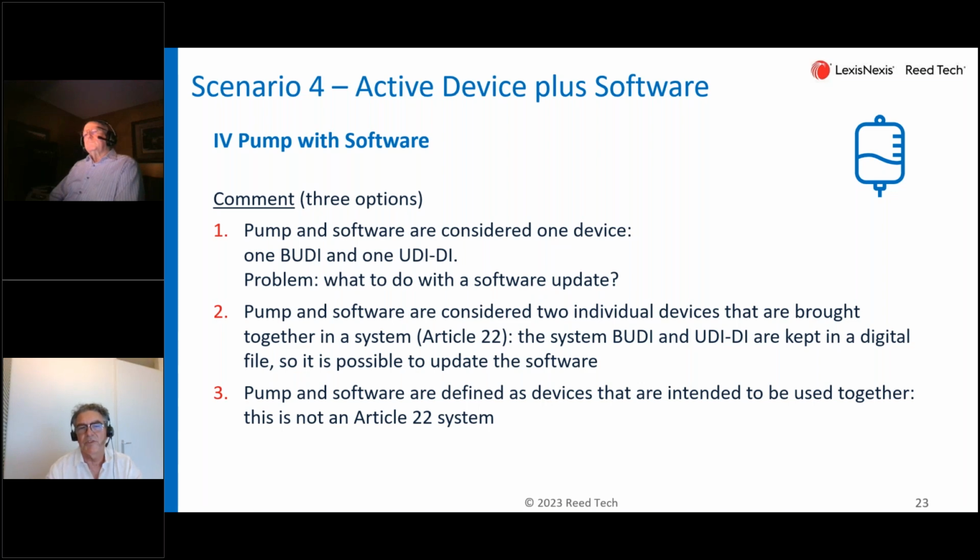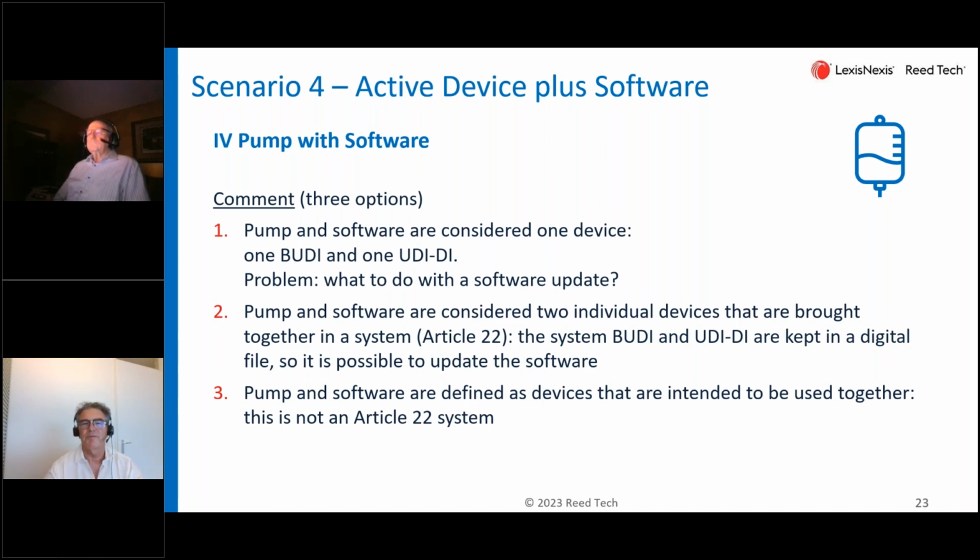Now, suppose you update the software, maybe some small patches. Then you need to update the UDI-PI, or you change the functionality, which changes the UDI-DI, or you go even further and change the intended purpose of the pump. Then you need to have a completely different basic UDI.